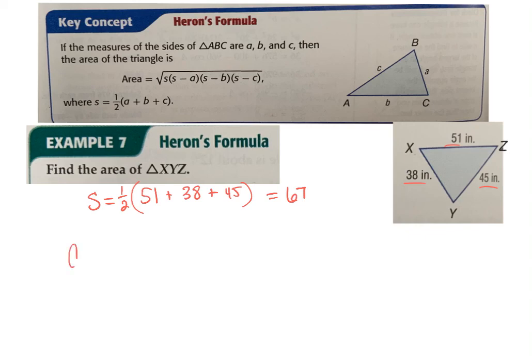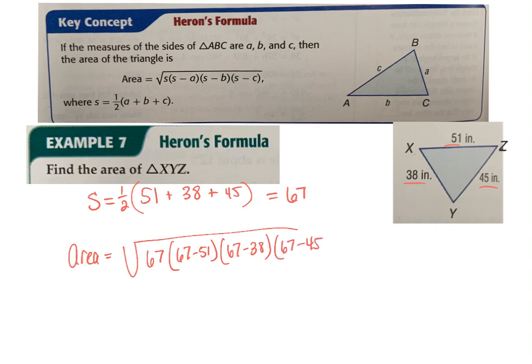So then the area is going to equal the square root of that number, 67, times that number minus my first side, times that number minus my second side, times that number minus my third side. And that is the area of my triangle. They round it to the whole number, 830 square inches.